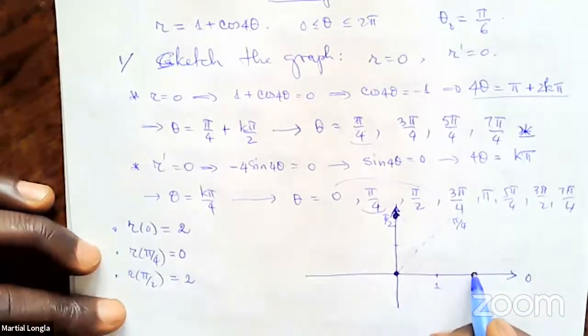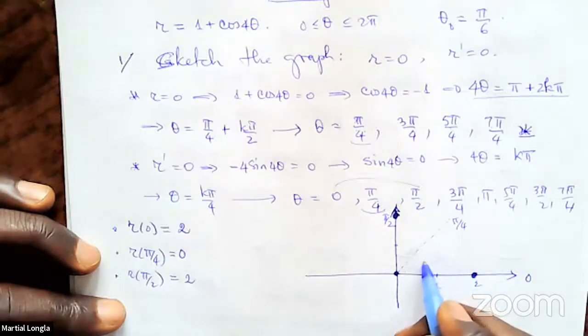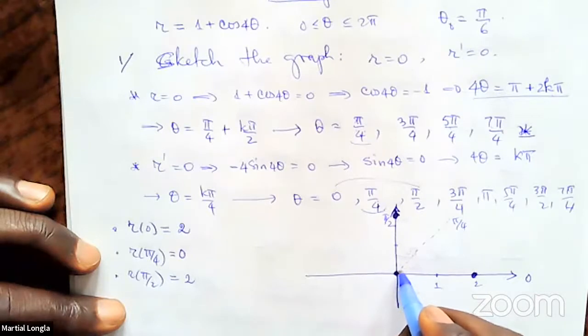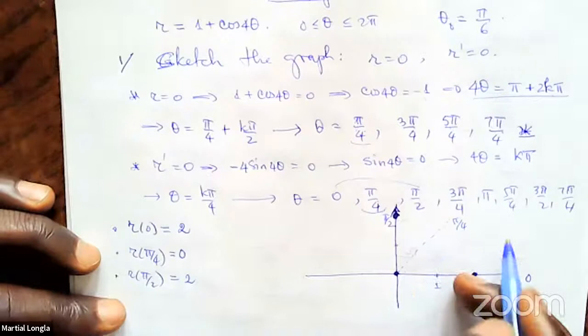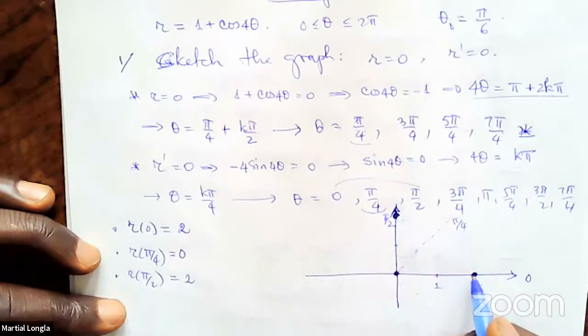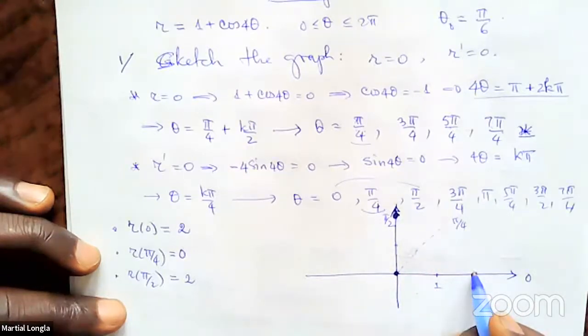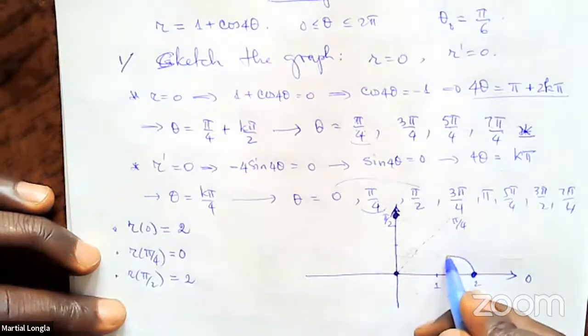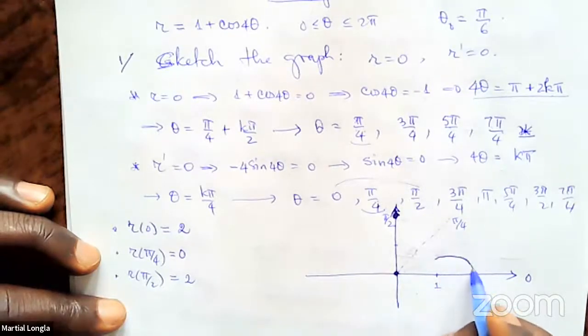So this radius started somewhere here, decreasing, getting here, but it doesn't get here as we think it's going to get. Why? Because when we get to pi over 4, what's the radius? We start this.